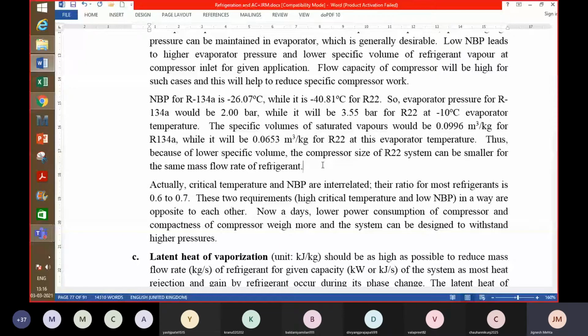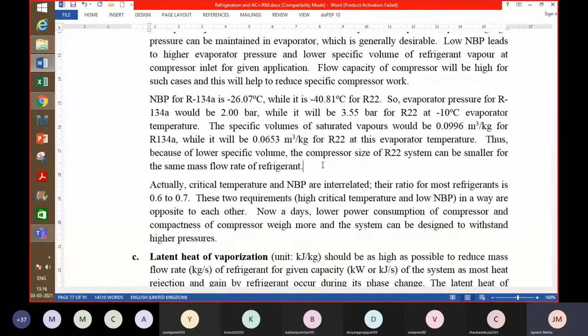Now we talked about two things: critical temperature and normal boiling point. Normally, when the critical temperature is low, the normal boiling point is low, and vice versa. So what you say is critical temperature should be high and normal boiling point should be low for very common applications. But then these two things would be opposing each other, and you have to take a call.